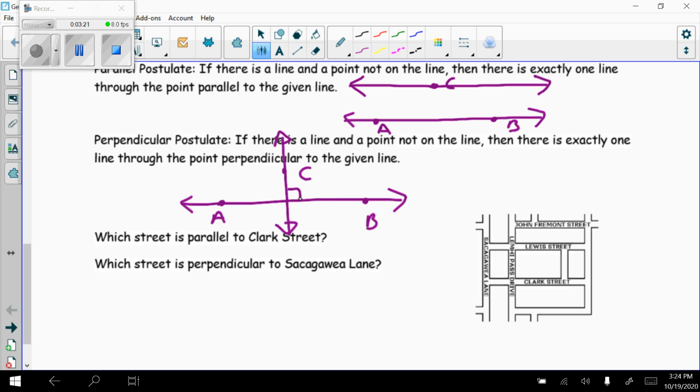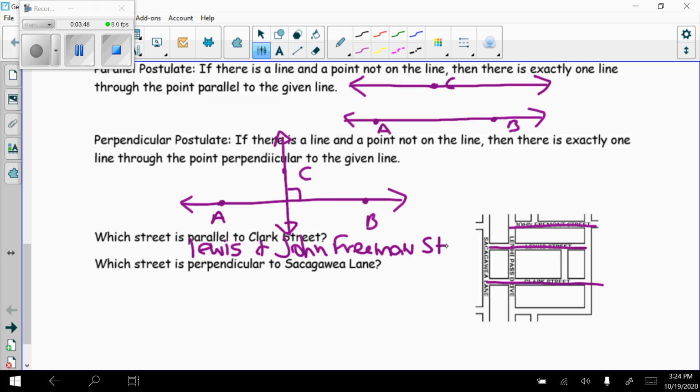All right, so let's look at some examples of this. So we have this drawing over here, and it says what street is parallel to Clark Street. So here's Clark Street. So what street is parallel to that? We have Lewis and John Fremont. So we have Lewis and also John Fremont Street.